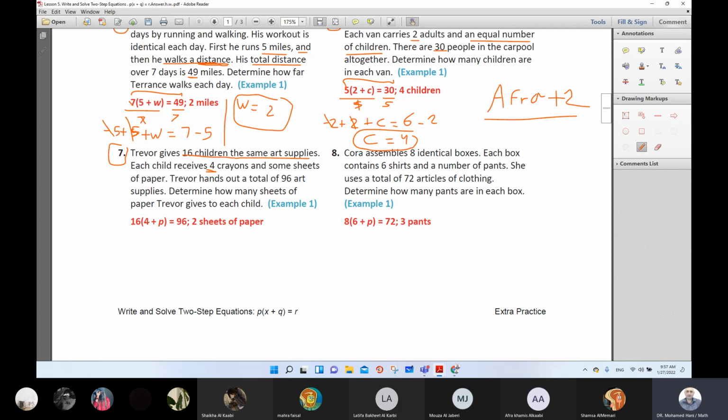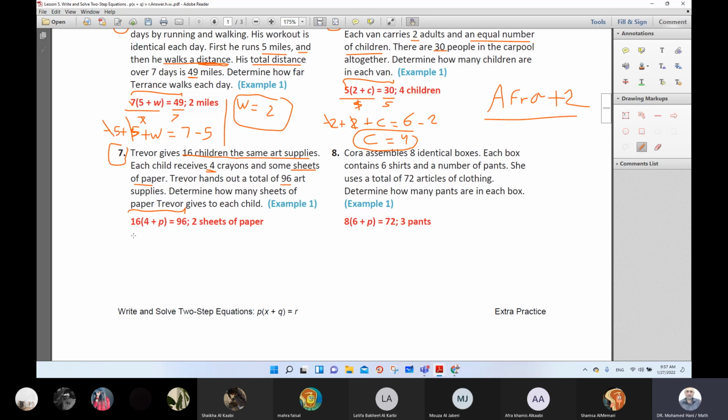So right here, 4, and means plus some sheets of paper, but we don't know the number. So represent here the variable, for example, B. And we have the total 96, so equals 96. So this is the equation.